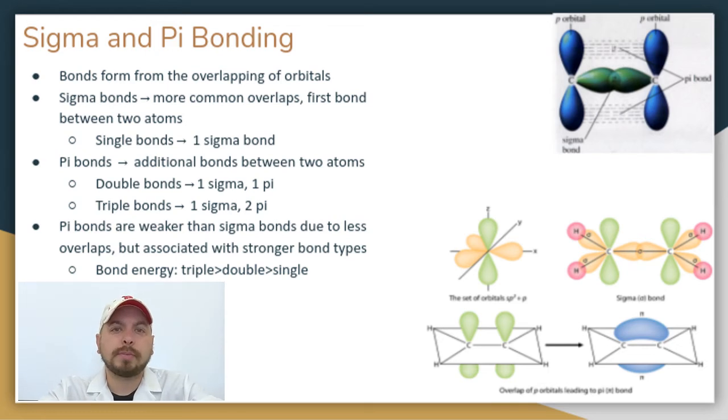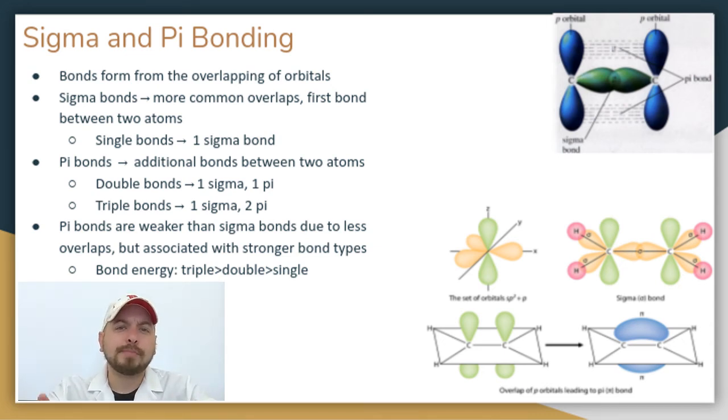So we can think of a sigma bond as being the first bond between any two atoms. So a single bond would only contain a sigma bond. Pi bonds would be any additional bonds between two atoms. So a double bond would contain one sigma bond and one pi bond, and a triple bond would contain one sigma bond and two pi bonds.